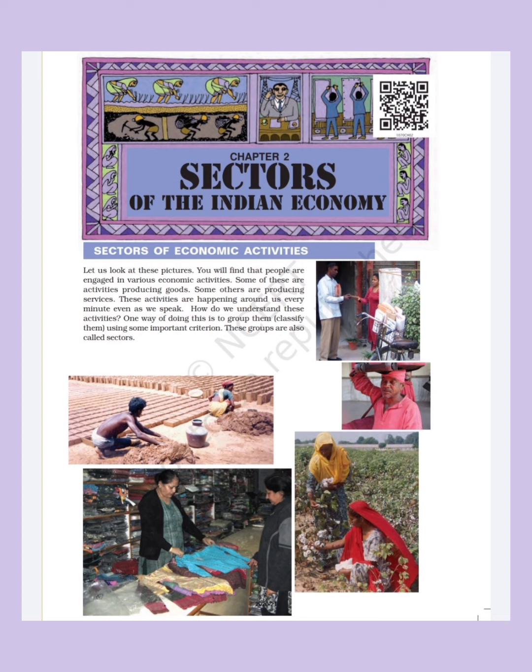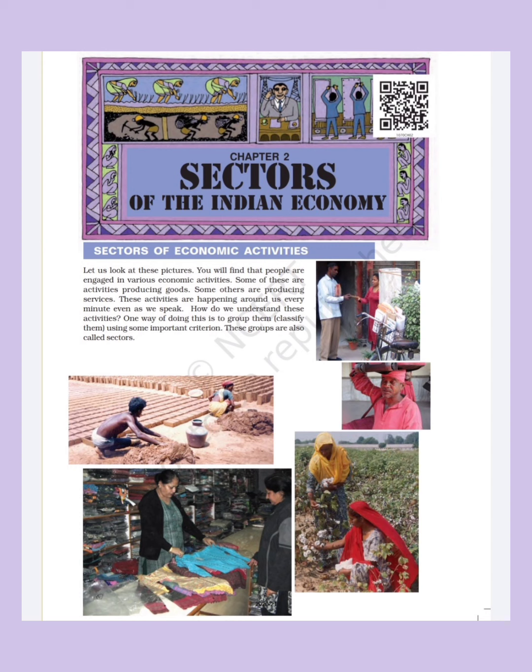Now you will find that these people are engaged in various types of economic activities, and some of these activities are even producing goods. For example, in brick making, bricks are being produced, then there is cotton that is being produced. So these activities are happening around us every minute as we speak.